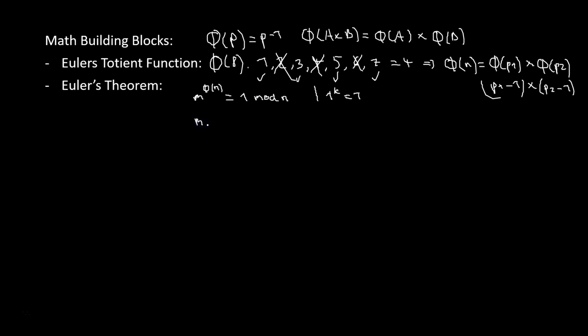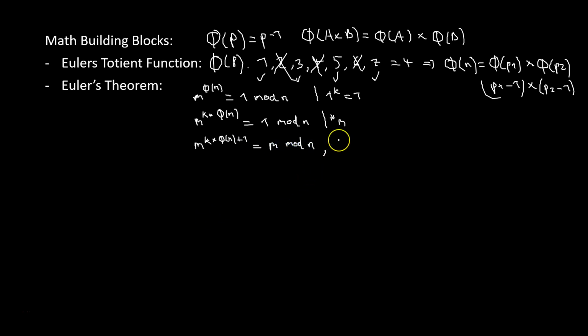So we get m raised to the power of k times phi of n equals 1 mod n. Then we can multiply the whole thing by m, which will give us m raised to the power of k times phi of n, plus 1, equals m mod n.